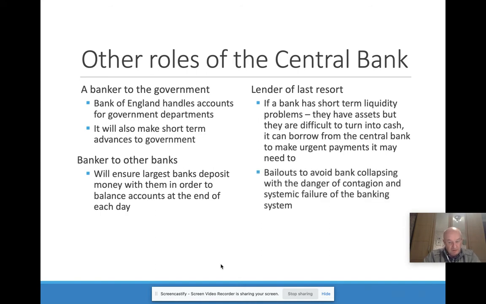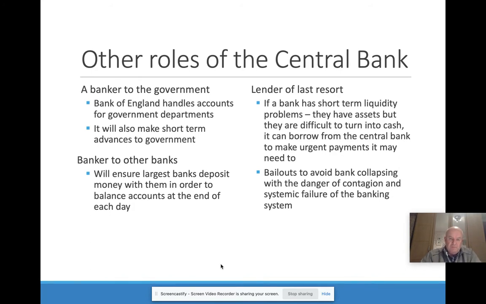In some cases, if that short-term liquidity problem seems to be developing into something more significant, the Bank of England, the central bank, has the option to bail out banks, and obviously in the financial crisis they did, or we did via taxpayers' money, to avoid the bank collapsing, and then the danger of contagion and systemic failure of the banking system, which we got very close to back in 2007-2008.